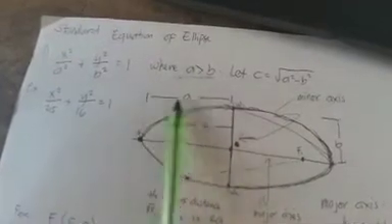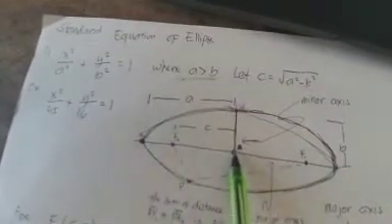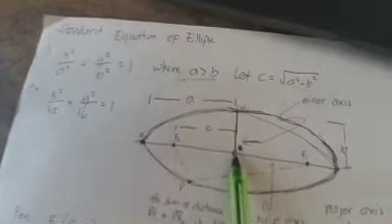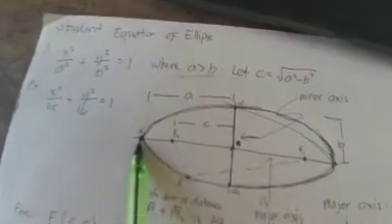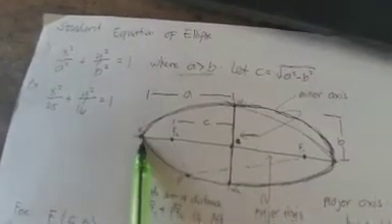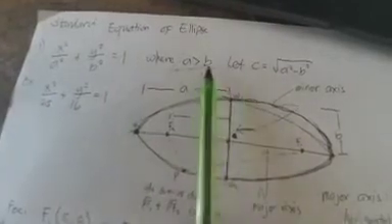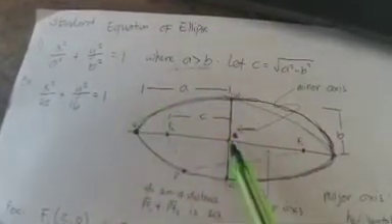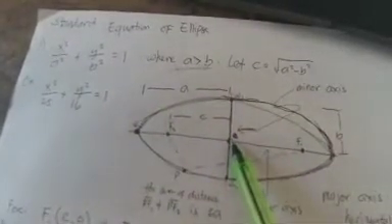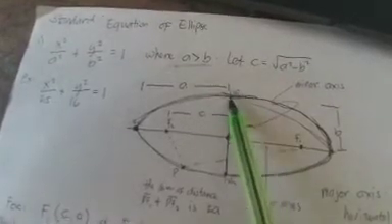Now, para sa a, b, and c, para unsa day ni siya. Kung tantawon nato ang ato ang ellipse, a is the distance from the center of the ellipse up to this point. Mao nang gitawag nga vertex. B naman is also the distance from the center of this ellipse up to this point.